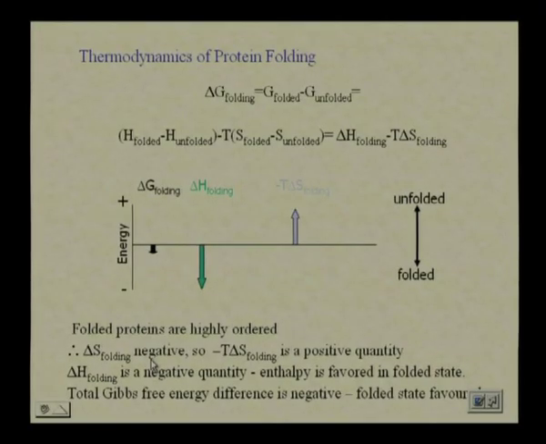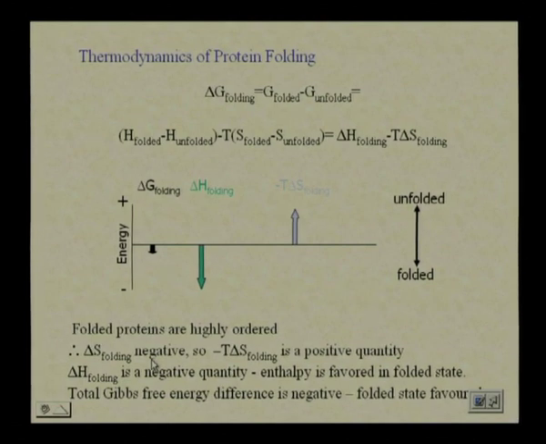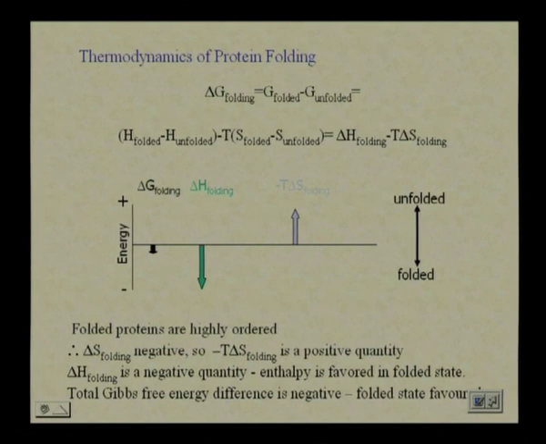If I bring order into the system, what happens to my S? My delta S is negative, it is not positive anymore. Why? Because I have ordered the disordered polypeptide chain into an ordered folded native structure. So, my delta S folding is negative.